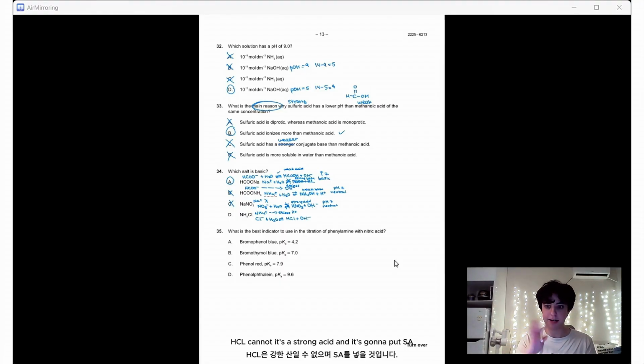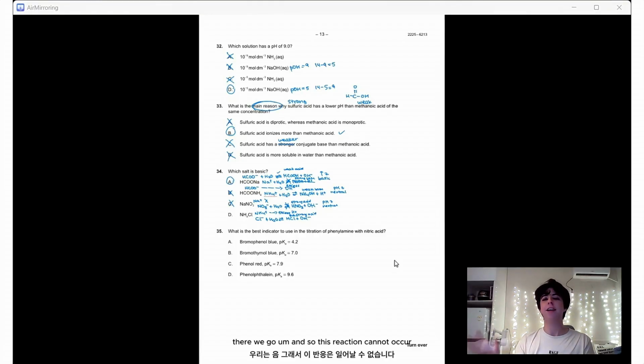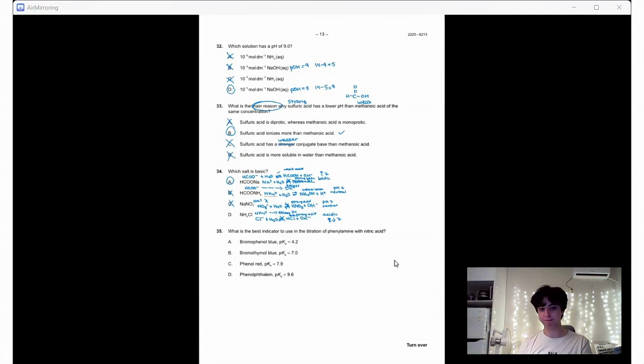HCl cannot, it's a strong acid. There we go. And so this reaction cannot occur. So you have excess H plus, so this would be acidic and the pH is below 7. Okay. And so that would be all of these.